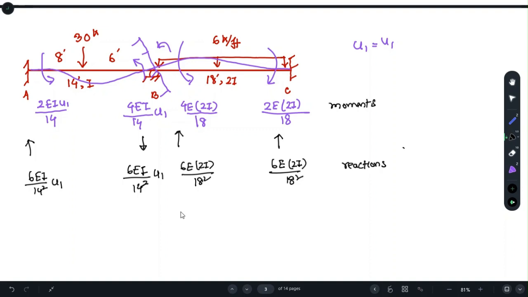Here we'll find the equilibrium equation at point B because we applied our displacement at point B. At point B, we can claim that the summation of external moment is equal to the summation of internal moment.